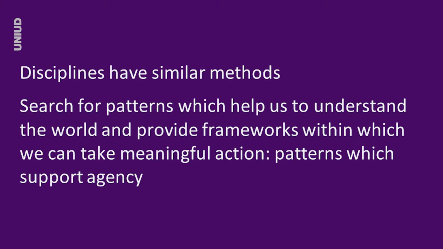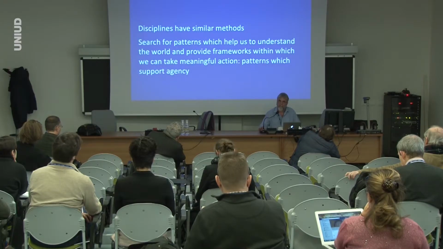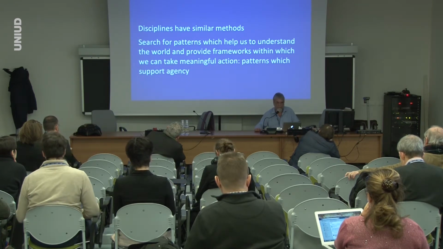So what I try to get students to understand is that disciplines actually have a lot of similar methods. And that what we're really looking for is a search for patterns to help us understand the world. And we're looking for patterns which help us explain how people act in the world. That's what we're doing.